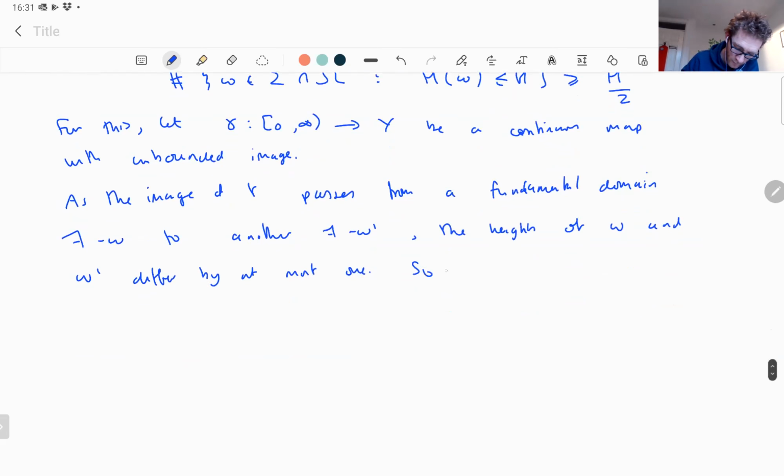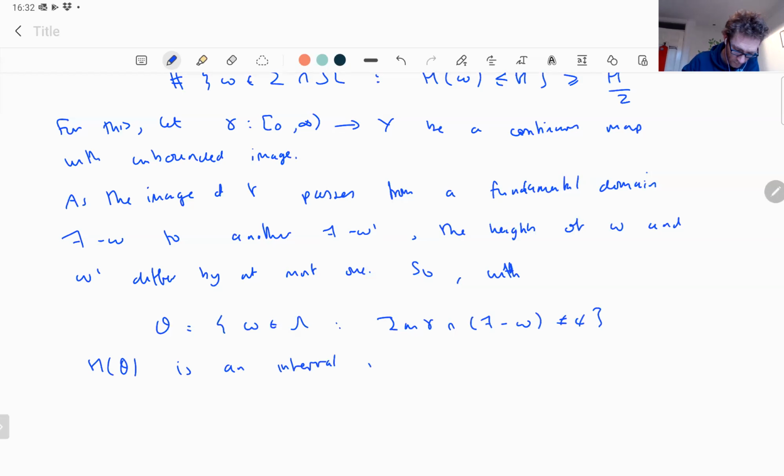So if we put theta to be the omega in omega such that the image of gamma intersect f minus omega is not empty, then when I take the heights of the elements of theta, that's an interval in the integers. H of theta is an interval in the integers.